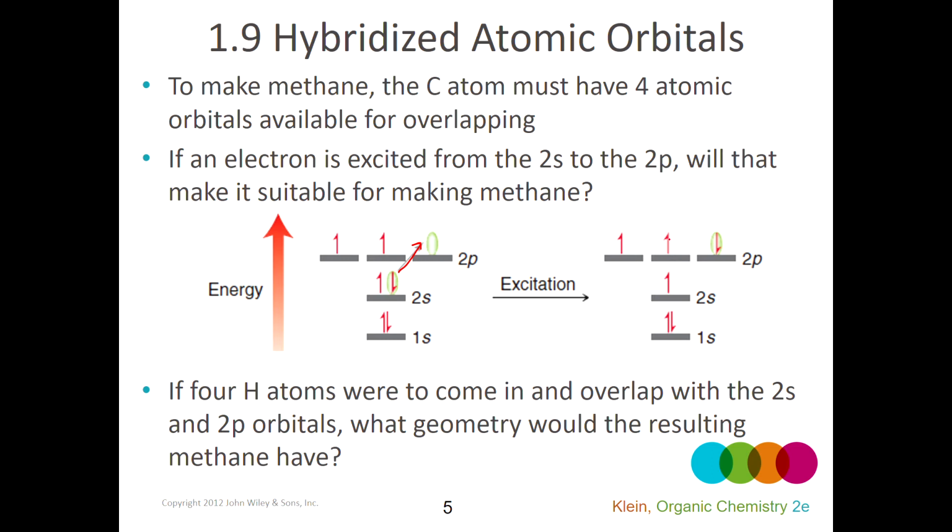The problem with this is the geometry doesn't match up. If I think about a carbon atom with one electron in the 2s, it is relatively spherical and compact, and the hydrogen would get real close in there and overlap, and there'd be one electron from the carbon and one from the hydrogen, and they'd be able to form a covalent bond. That seems reasonable, but when we look at the three p orbitals that exist, and the type of overlap that would occur there, I'd have to bring a hydrogen 1s in with two electrons there, another hydrogen here with two electrons here.